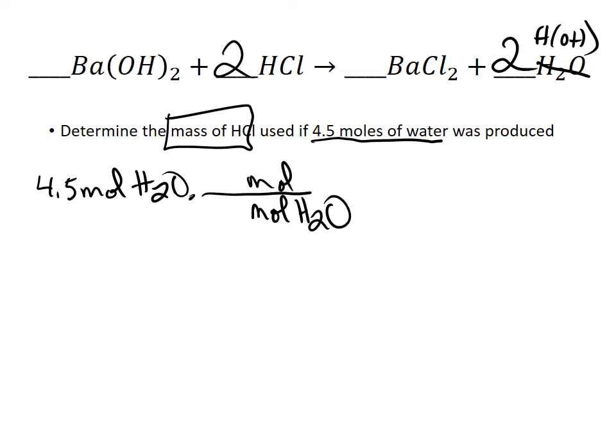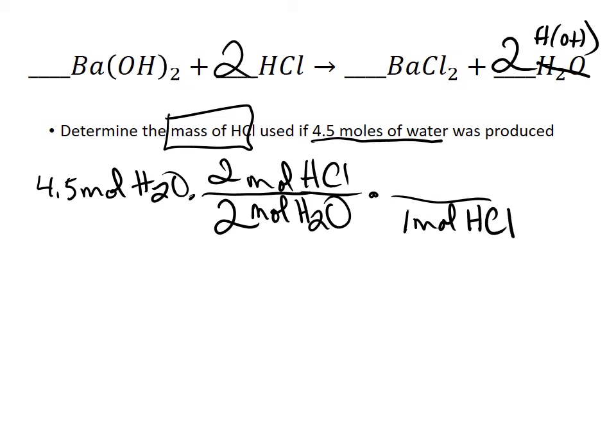And then we're going to have to go to moles of HCl. We're going to HCl, but something on top and bottom has to be the same. So what numbers go here? A 2 here and a 2 here. Moles of HCl is on top, so it goes on bottom. And then we go to grams of HCl. We're going to have to use the periodic table to add that up.